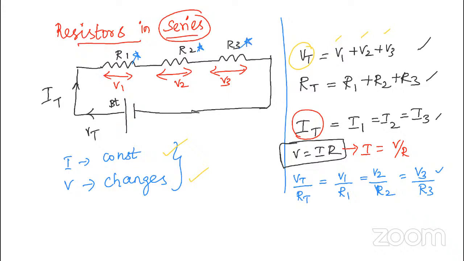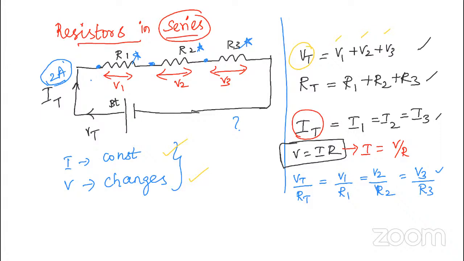Okay, right? Then similarly they are asking for the current value. Here the current value should be 2 ampere, when they ask for the total current flowing through the circuit. For the series, the current value should be constant. So at every junction, whatever current value they ask, the value should be the same.